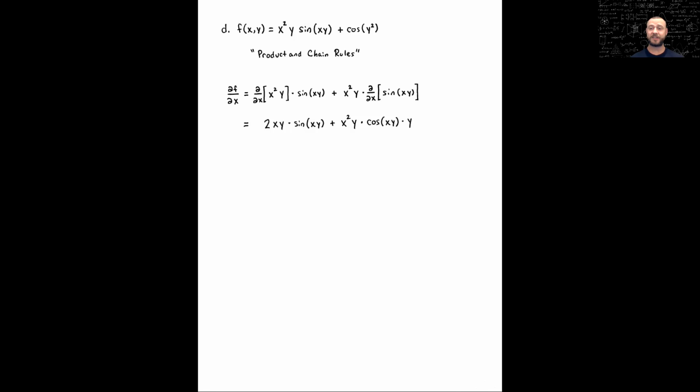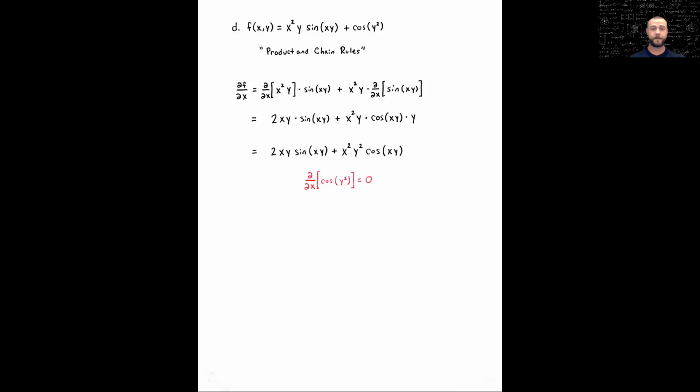We keep the inside the same, xy, but now we multiply by the x partial derivative of the inside. And the x partial derivative of xy would be just y. All right, the y partial derivative for this function is very similar. When you're ready, we'll go through that.